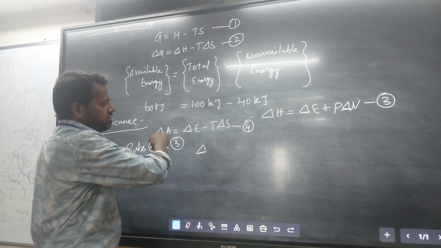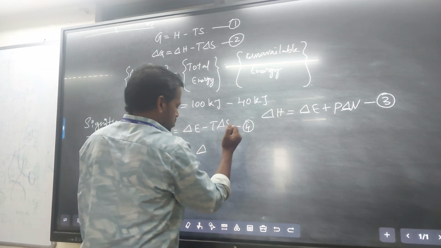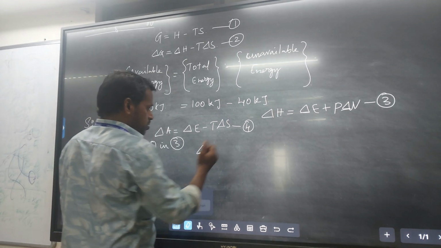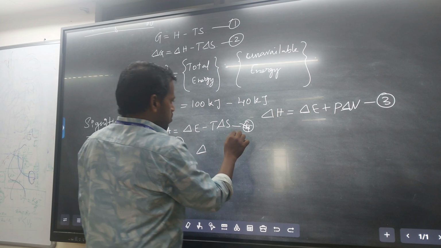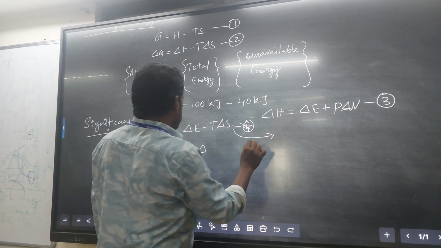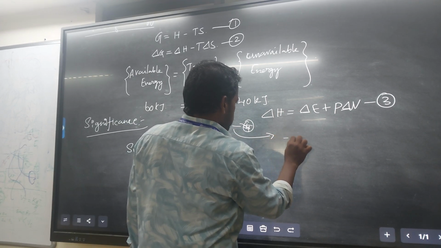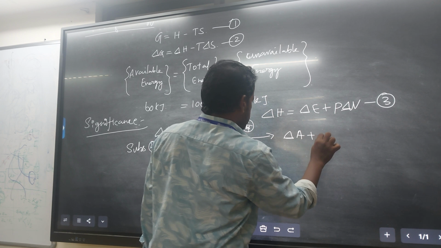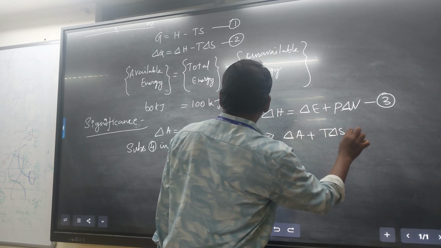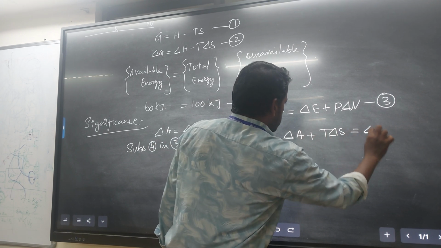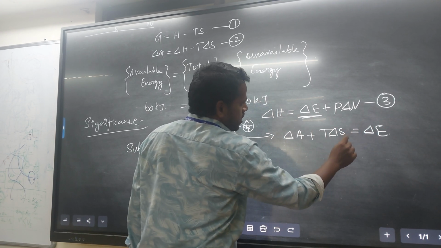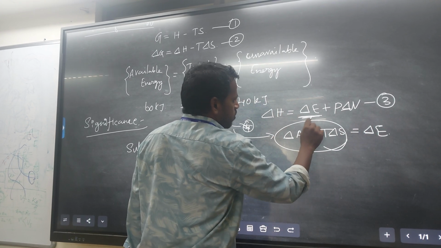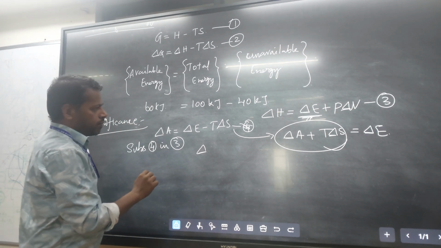Sorry, you rearrange this equation. Delta A plus T delta S equal to delta E. Now you substitute this one instead of delta E. So what happened?